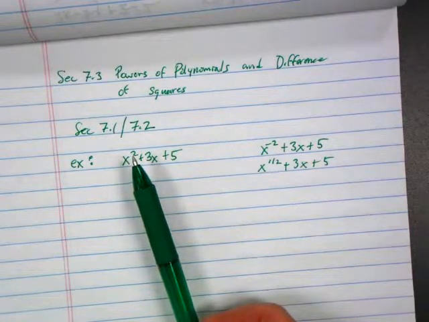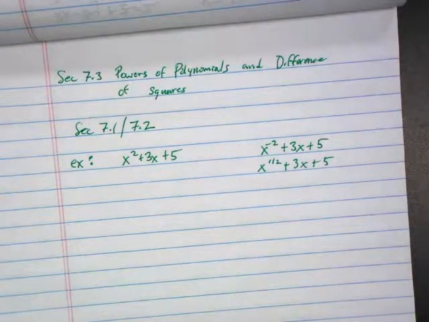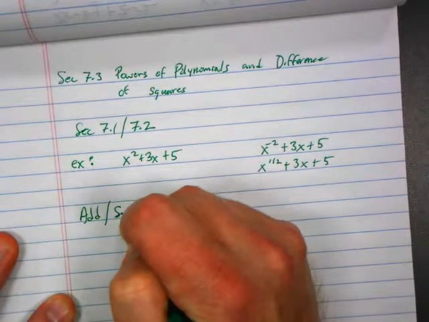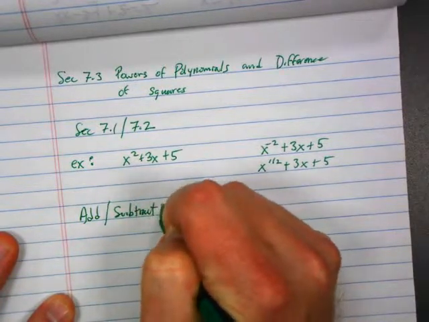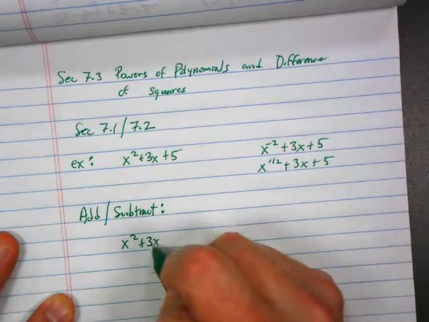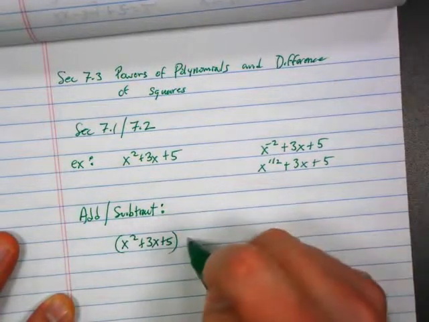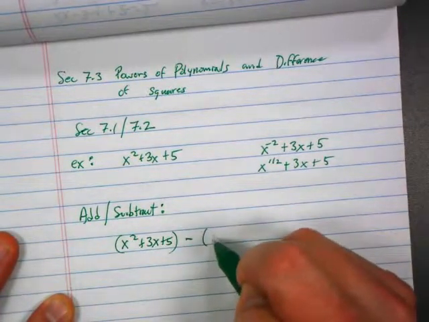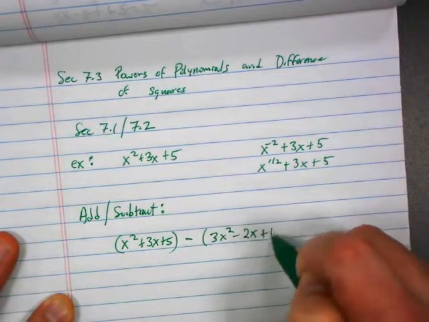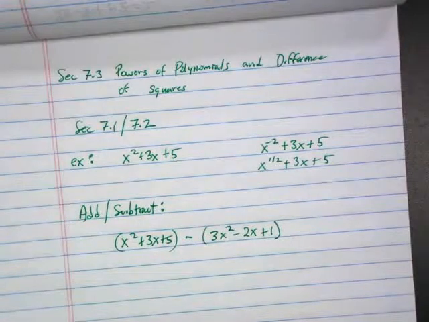All right, and then what we primarily did in section 7.1, we talked about adding and subtracting polynomials. So if I gave you something like x squared plus 3x plus 5, and I asked you to subtract 3x squared minus 2x plus 1, what would you do?